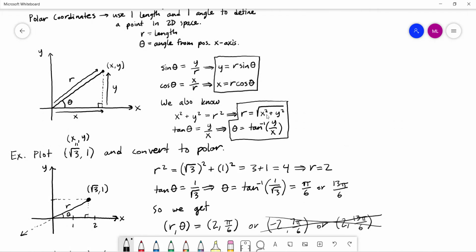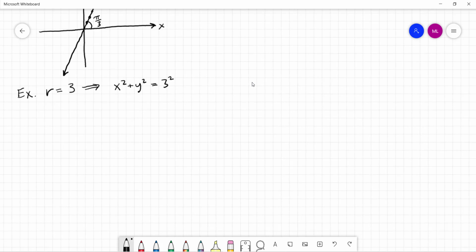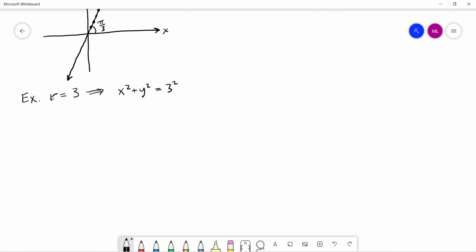Or alternatively, we could look at this one here. So x squared plus y squared equals r squared. So if r is equal to 3, then I could just square both sides of this. Let's do it that way. Maybe this will make more sense. So I can square both sides to get r squared equals 9.